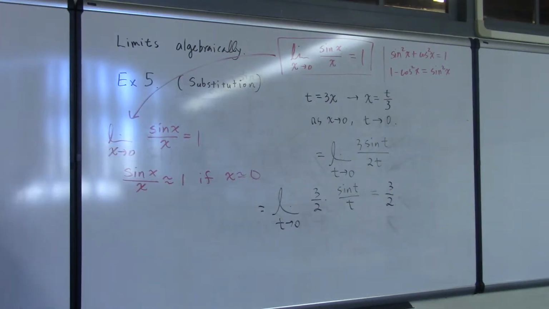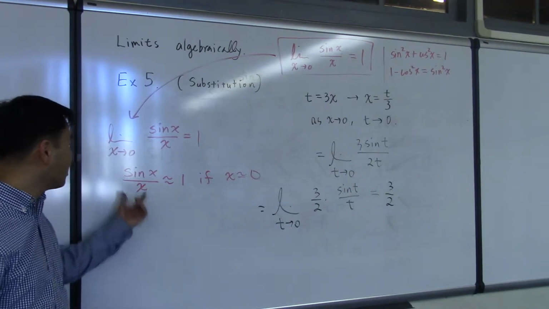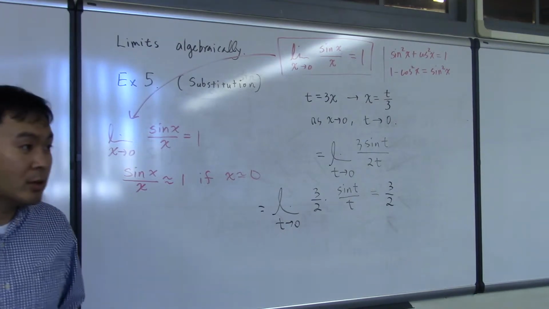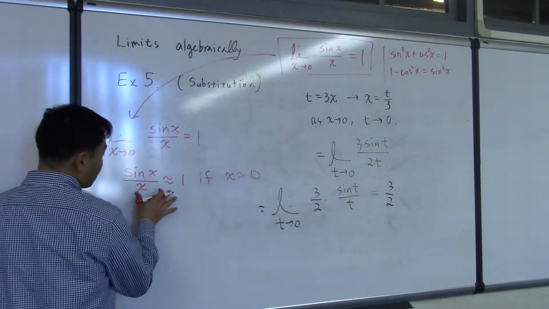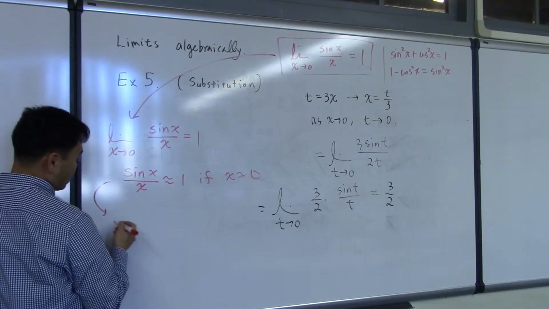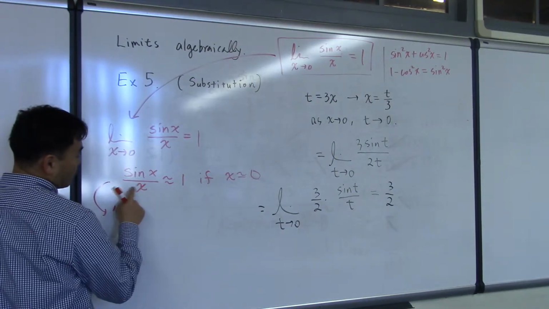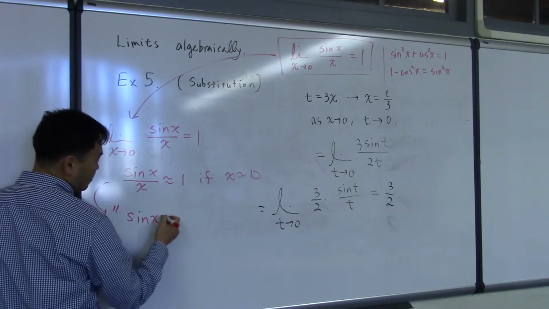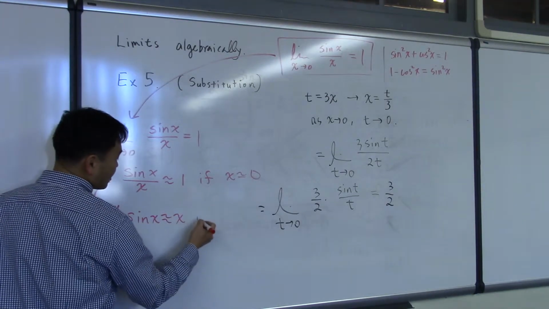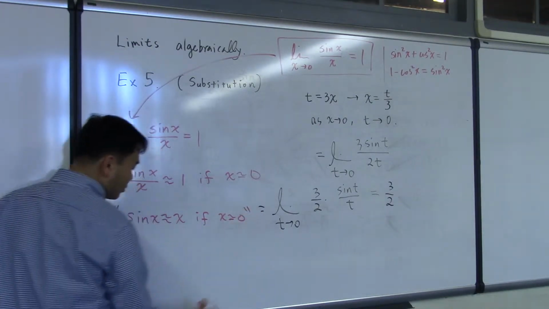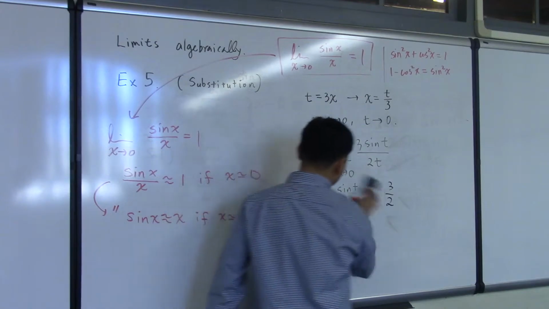Another way to state this is, once you multiply both sides by x, that sine x is very close to x if x is very close to 0.